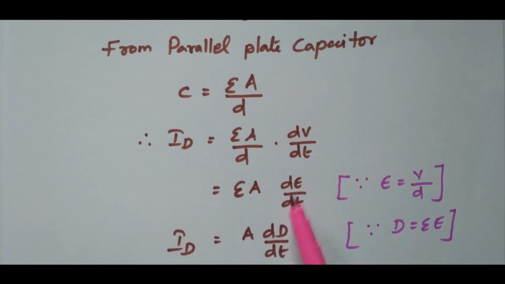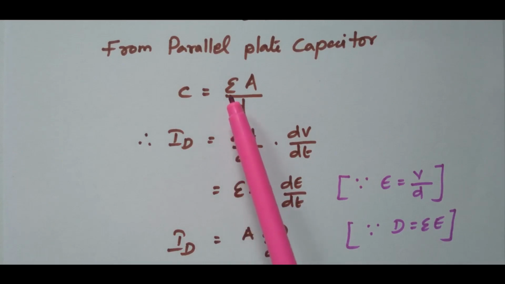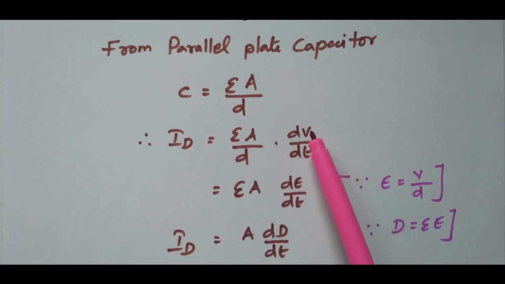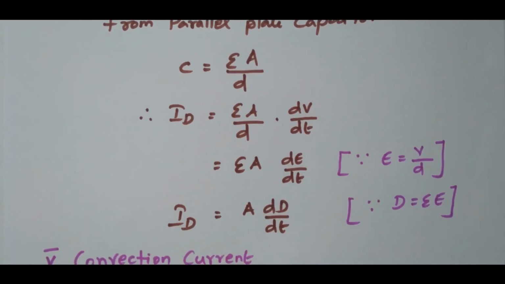So this epsilon E is now replaced as D. So we have C equal to epsilon A by D replaced. After that, V by D is replaced by electric field intensity. Epsilon E is replaced by displacement density. So finally what we got, ID equal to A dD divided by dt, area into differentiation of displacement density, right? So the displacement current is nothing but current flowing through a capacitor, right?